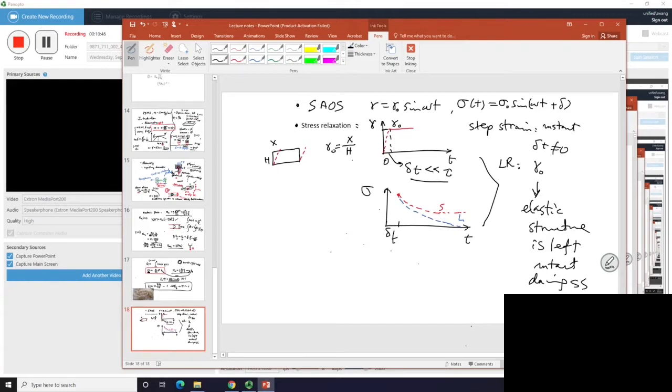That's linear response. Of course, you have all the liberty to do much more, going to nonlinear response by having a larger gamma 0. So how large? Large enough to destroy the elastic structure. And we'll speak a great deal about it in the future.